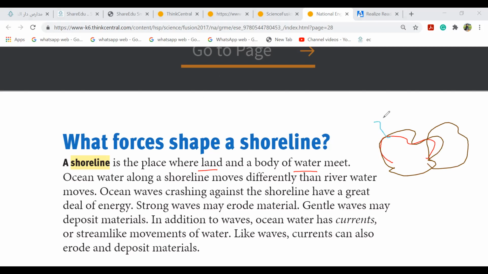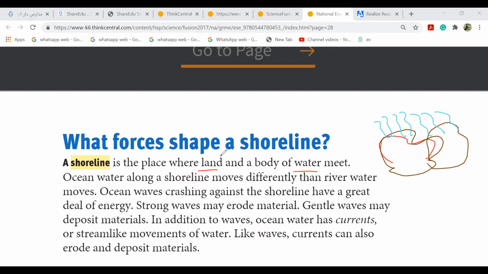Did you ever see, girls, in front of Atallah or Shalal? On the opposite side there's a beach where the water comes and splashes on the rocks. That means ocean waves crashing against the shoreline have a great deal of energy. With a lot of energy, they come and splash.